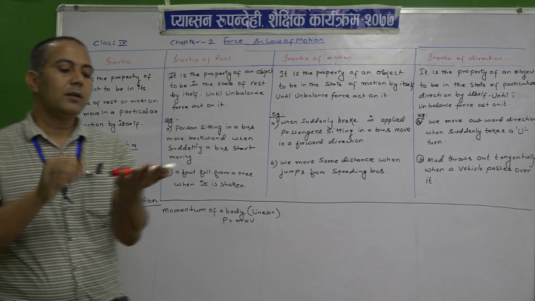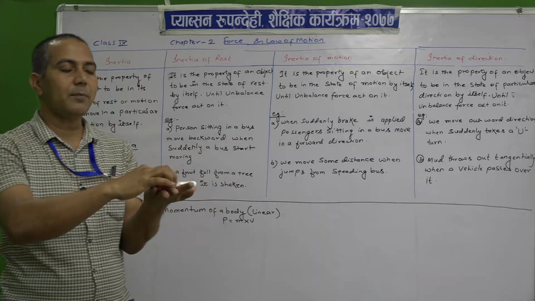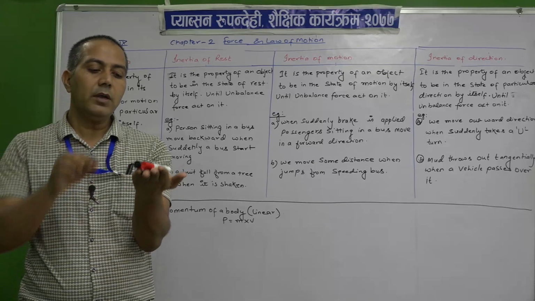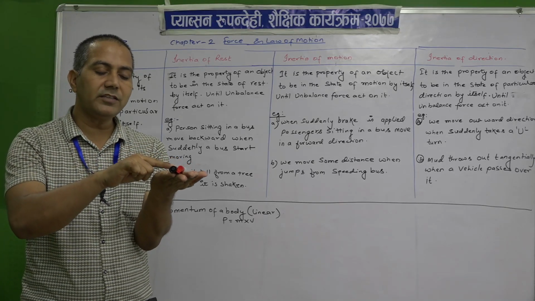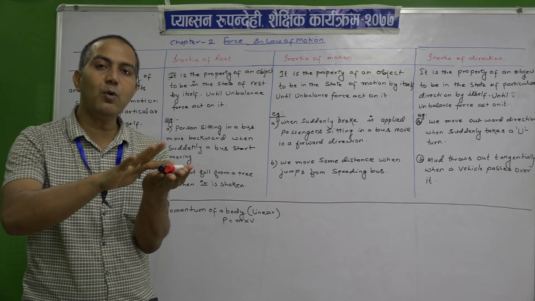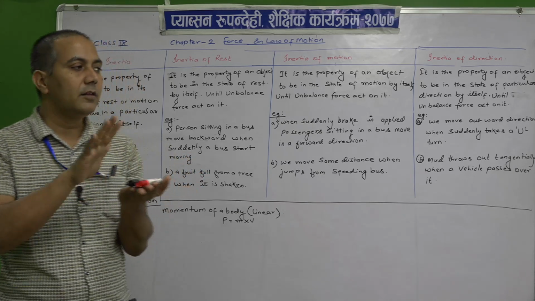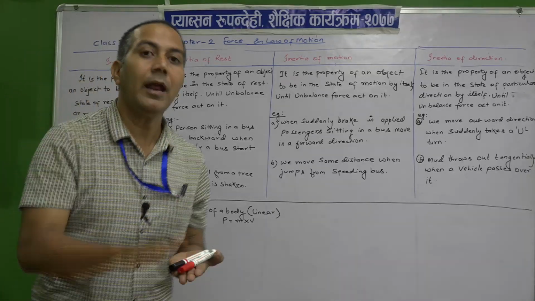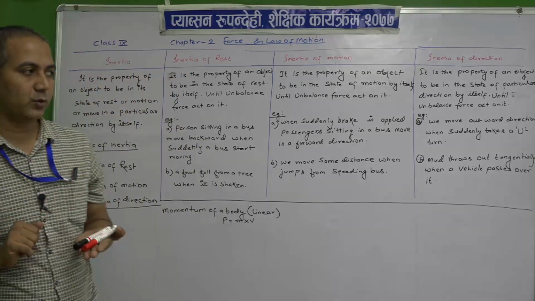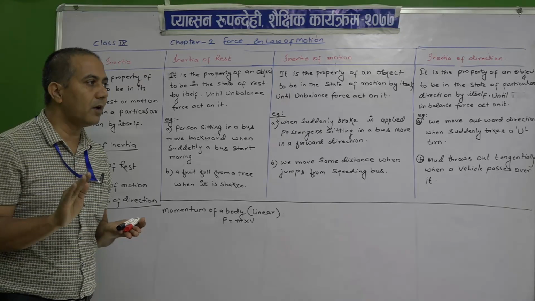For example, these markers are here. If I press like this, does it change its position? No, I have to press more, then only it changes. Therefore, the external force applied on it should be an unbalanced force.